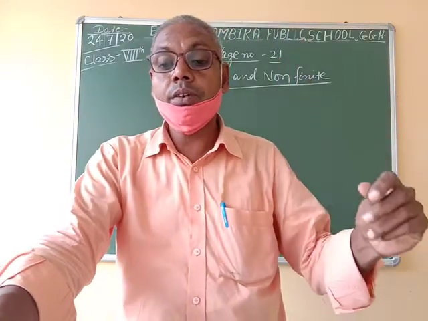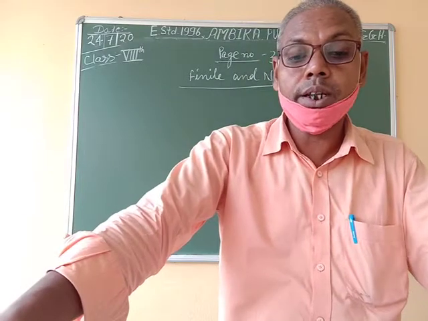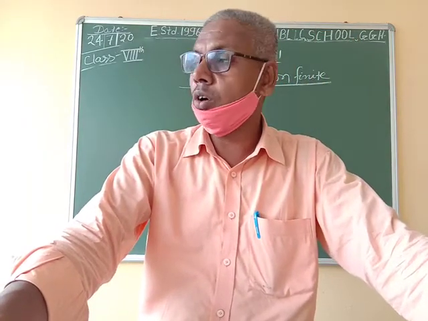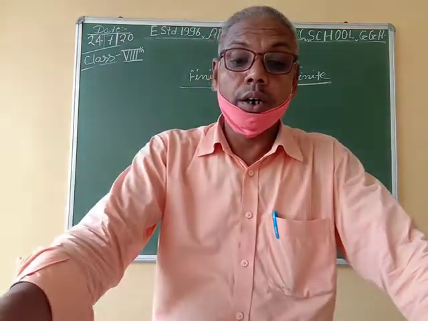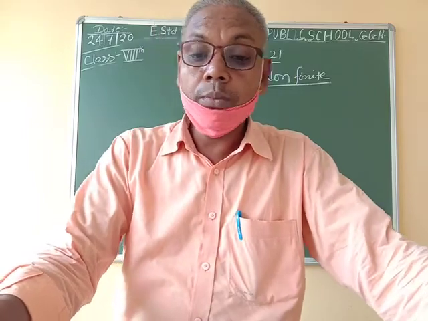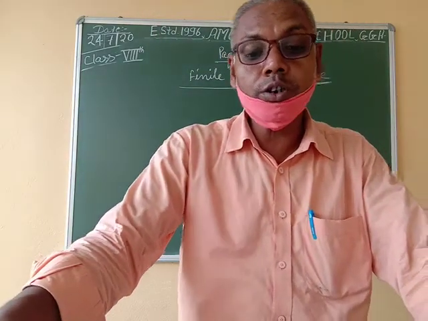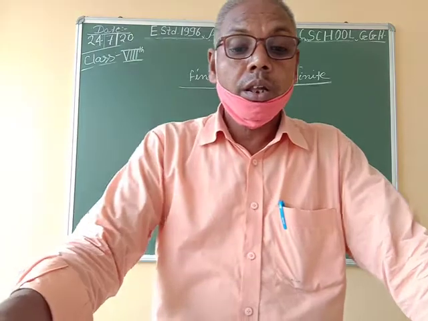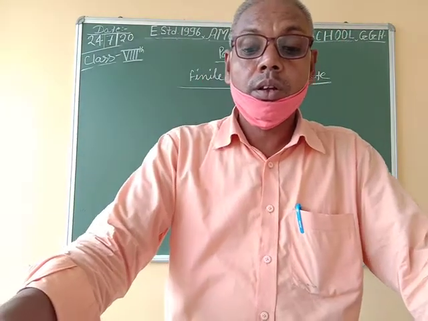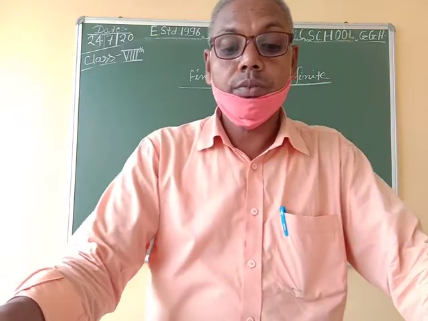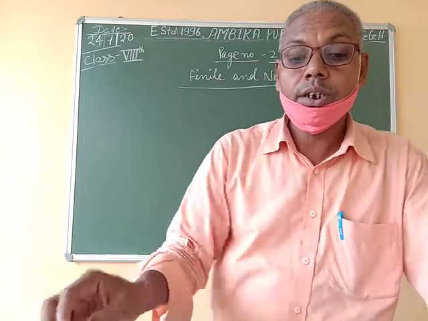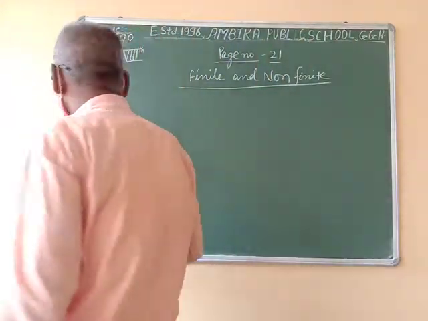That means a finite verb is usually the main verb of a sentence and is changed according to the subject, that means noun or pronoun. Understand? According to number, person and tense, the verb will change its form; that is known as a finite verb. Through examples you can see: she sing, she will sing.